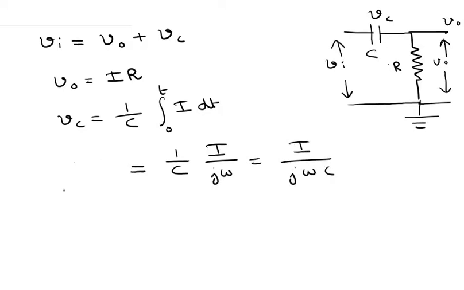Now, under the condition that R is much less than 1 by j omega c, or j omega c R is much less than 1, under this condition the voltage drop across the resistor can be neglected with respect to the voltage drop across the capacitor.